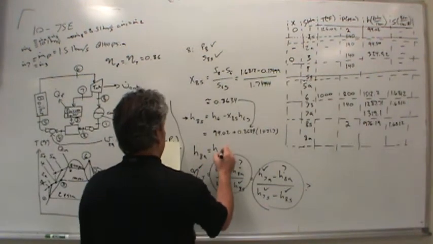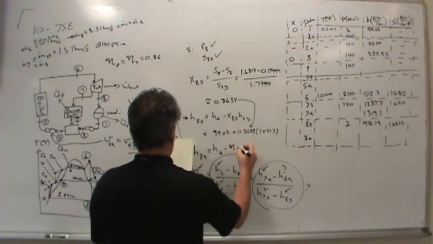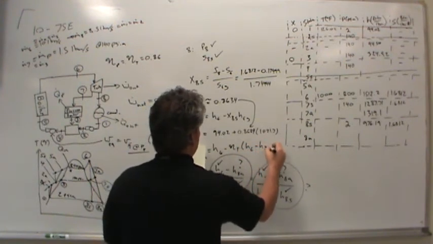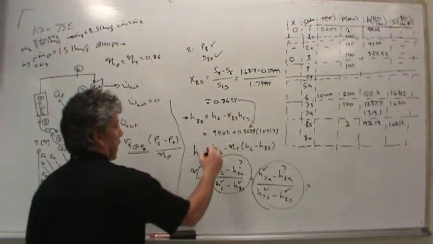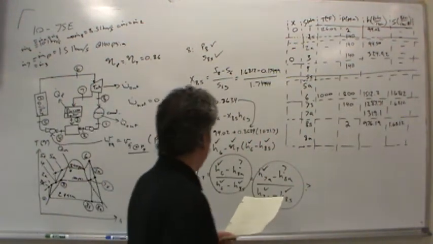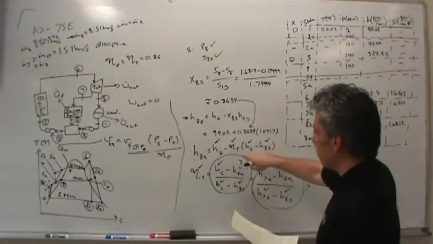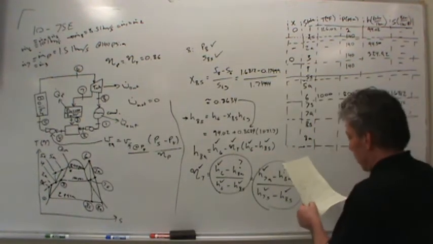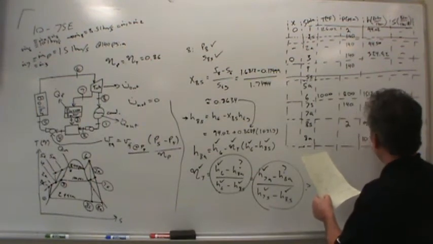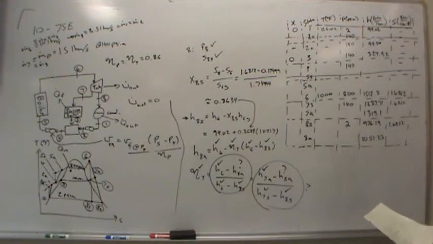H8A is equal to H6 minus the isentropic efficiency times H6 minus H8S. Okay, notice we've got H6, isentropic efficiency, and H8S. And so once you plug in all the numbers for H8A, you come up with, or at least I came up with, an enthalpy of 1051.23 BTUs per pound mass.